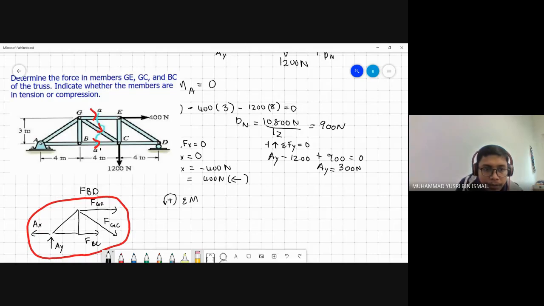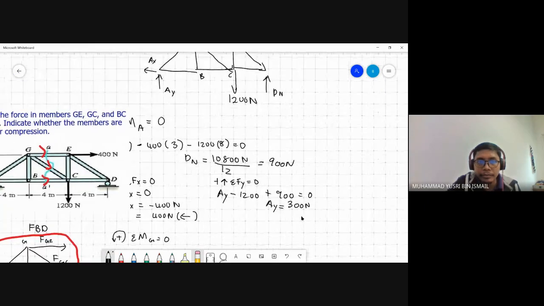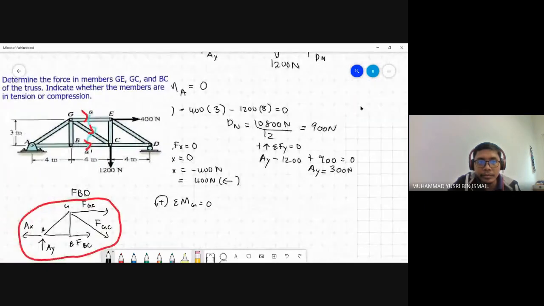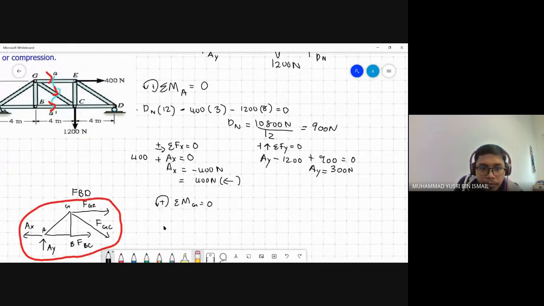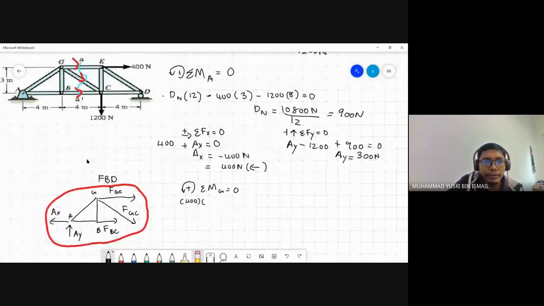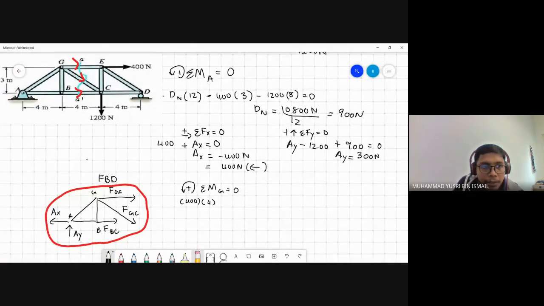Moment at G. So you will have AX times with 4.